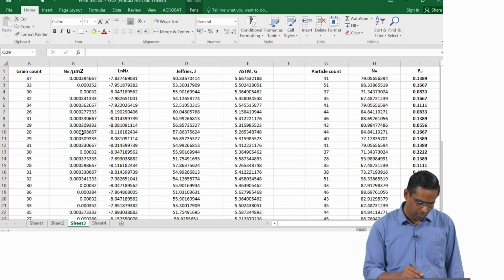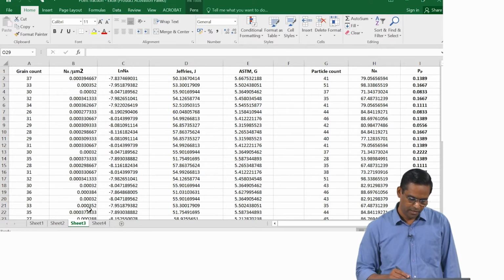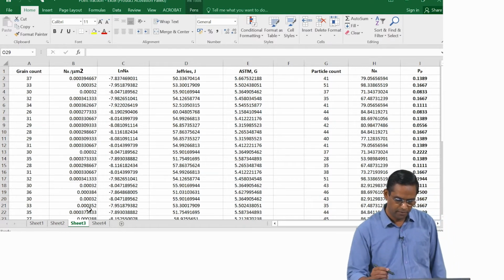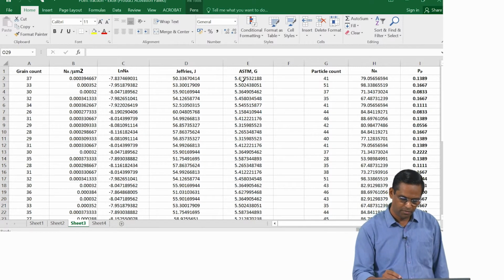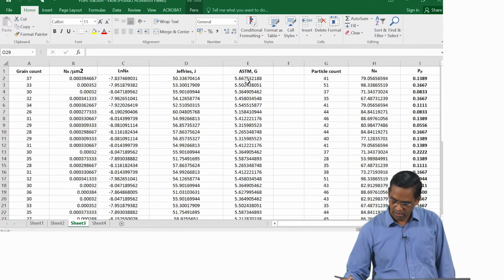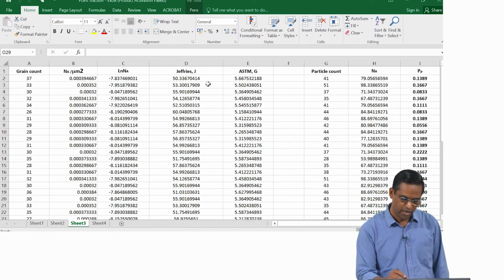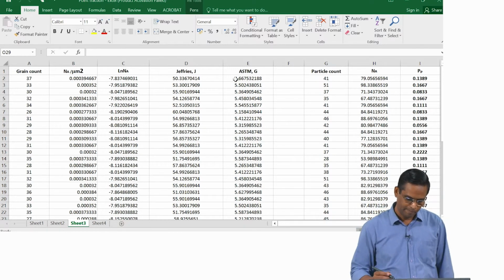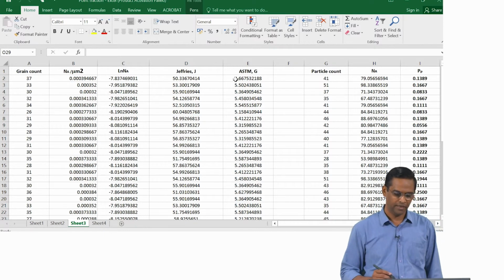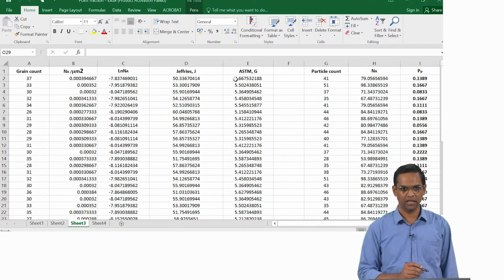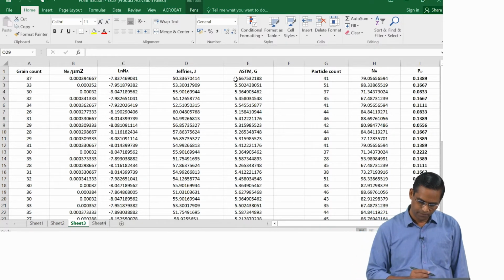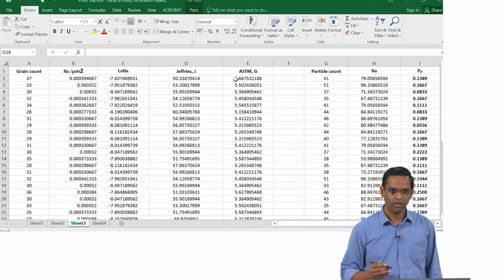So, the Na is populated like this, then I have estimated the ASTM grain size like this. So, we will just look at the calculation how I get this, and I have also used the other grain size measures like Jeffrey's grain size, which is nothing but a square root of 1 by Na.